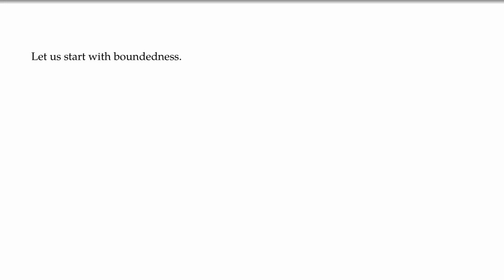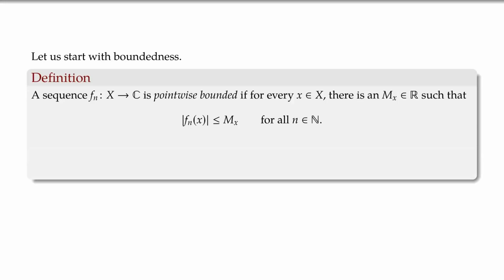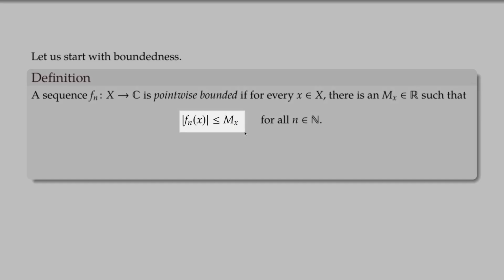So we'll say that a sequence is pointwise bounded if for every x in the set, there is an M sub x, so some bound that depends on the x, such that it bounds f_n of x for all n, right? So it bounds everything in the sequence at that particular x.